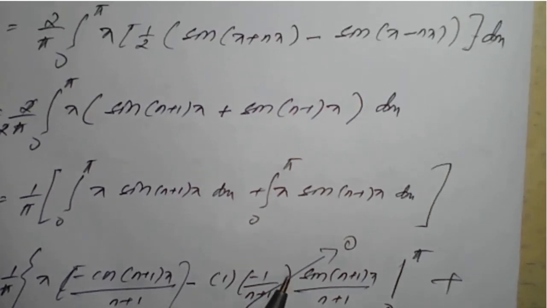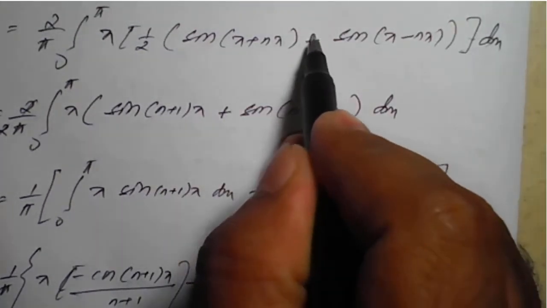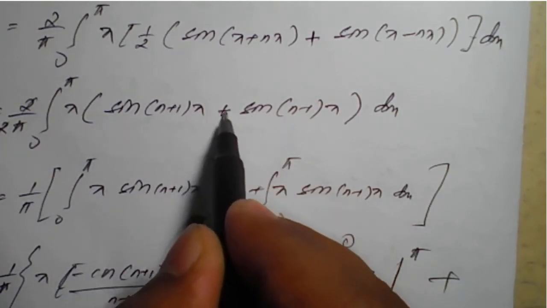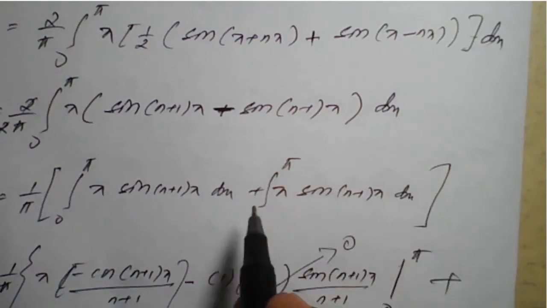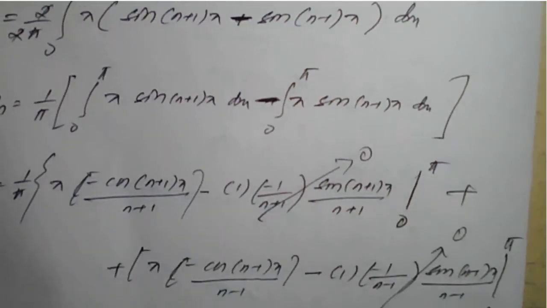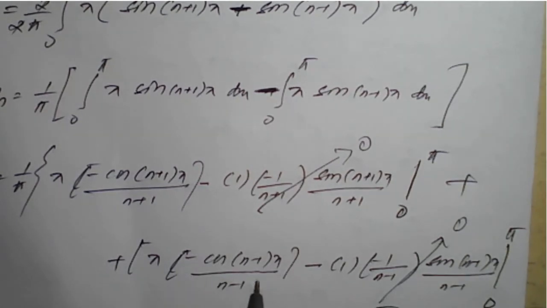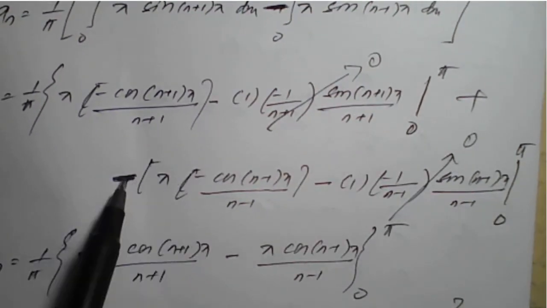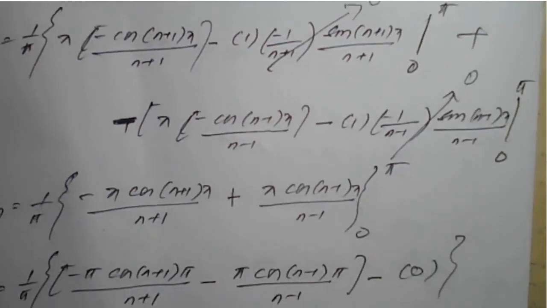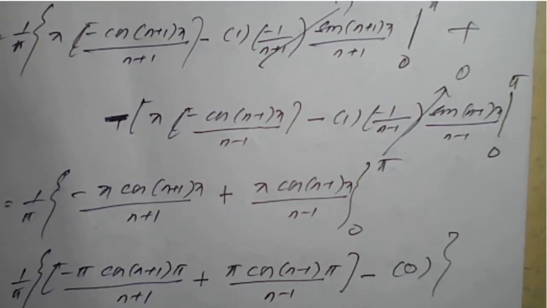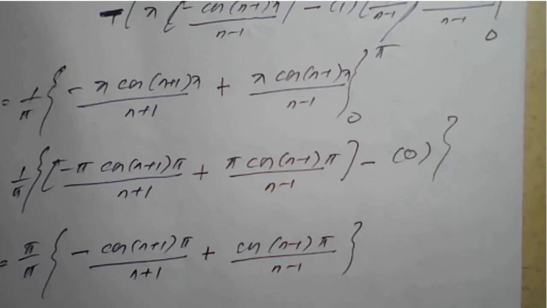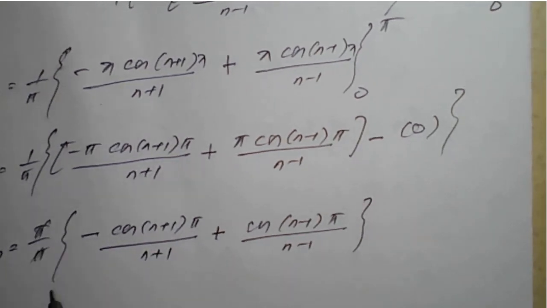There is a small correction here, so this is actually plus sign, and if you take a rearrangement this will become minus sign. So here now on taking minus minus it will become plus sign. So on rearrangement finally pi pi cancels.